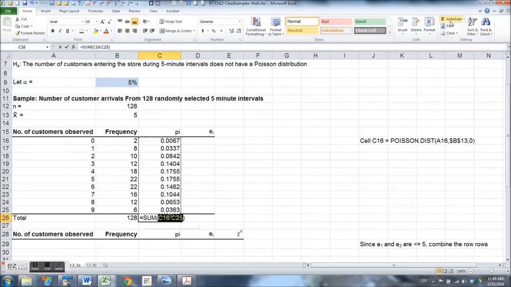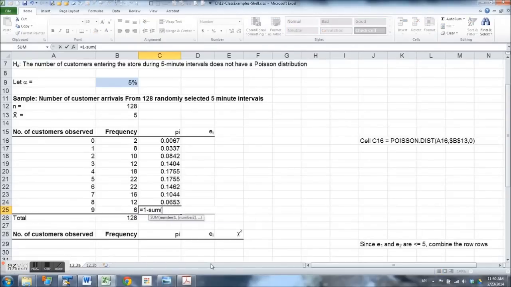Now we have to sum the probabilities and see whether the sum is equal to 1. If the sum is not equal to 1, then you have to make sure that the last probability is set to 1 minus the sum of the rest of them, so that the probabilities do sum to 1.